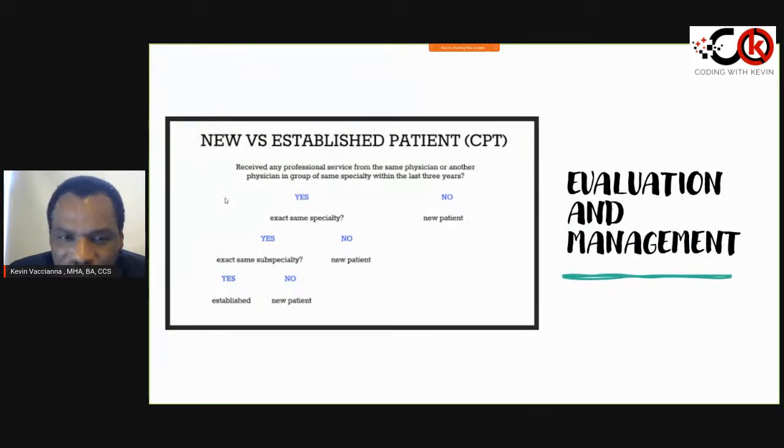So on this grid, as you can see, the question that's going to be asked of you is whether or not the patient has been seen by the same specialty within the last 3 years. And if the answer is yes, then the next question you need to worry about is, is it the same subspecialty? And if the answer is yes, then we go down to the next question.